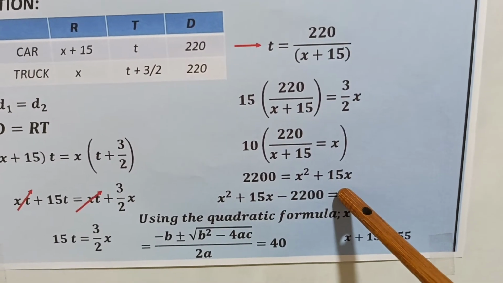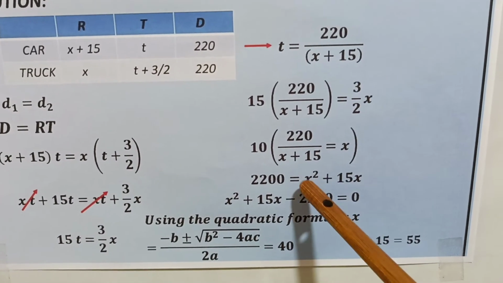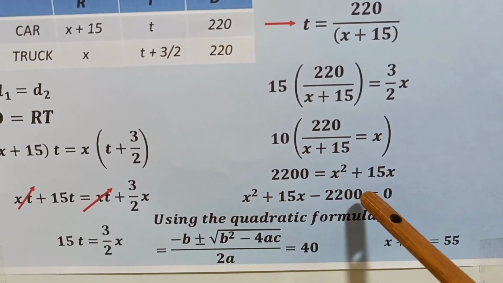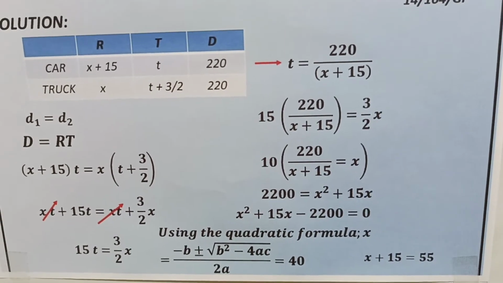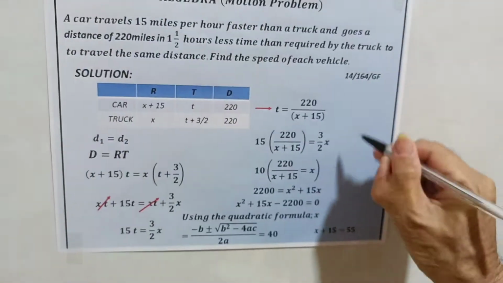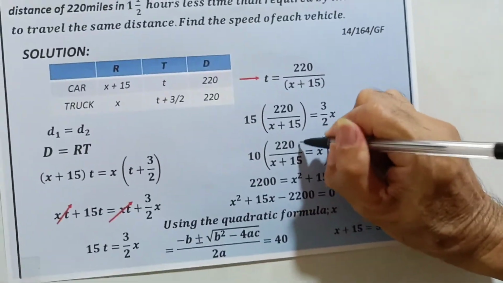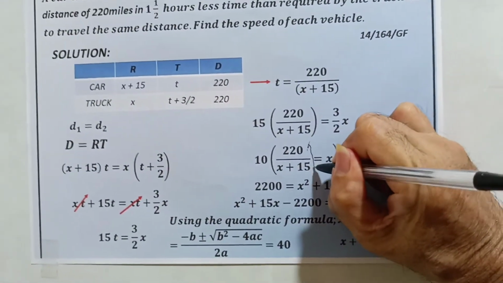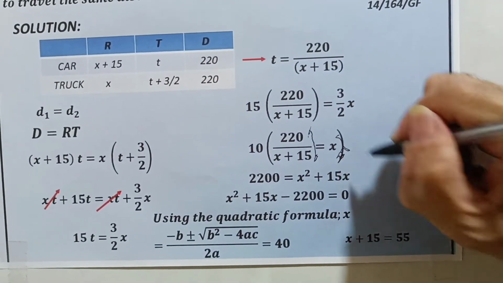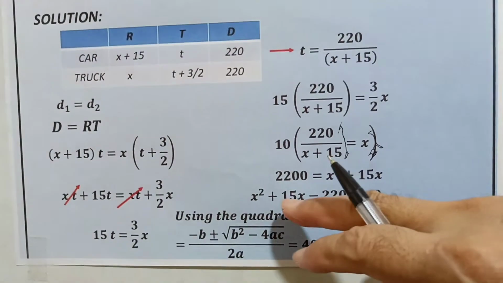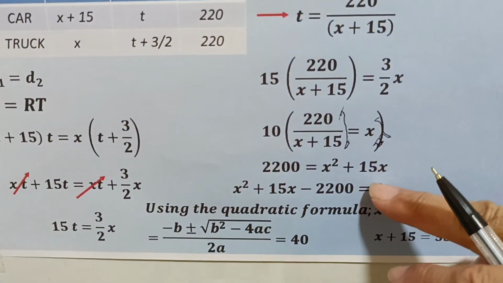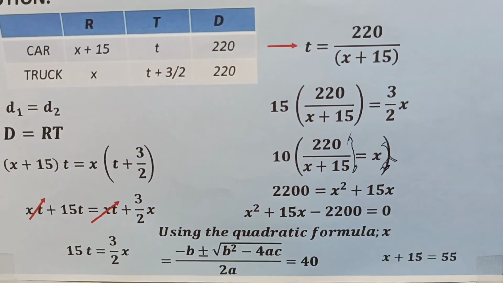So we have 2,200 is equal to x squared plus 15x. Excuse me, we have to check this one here.